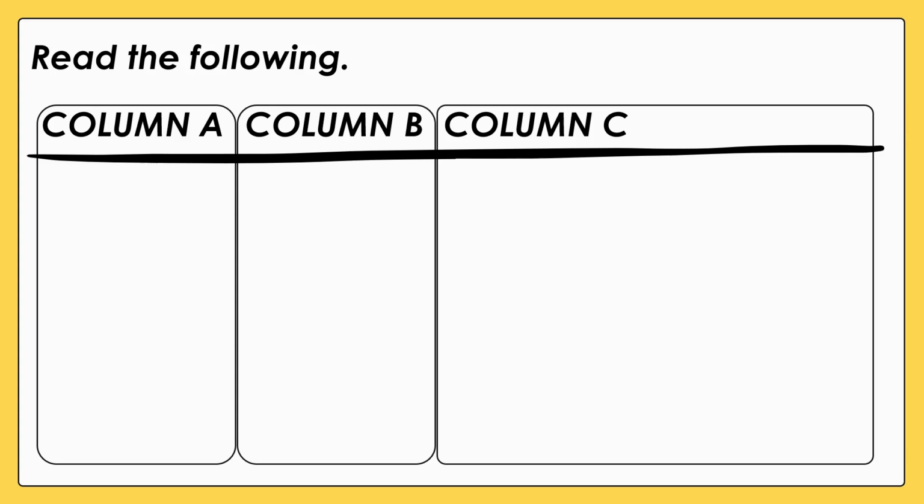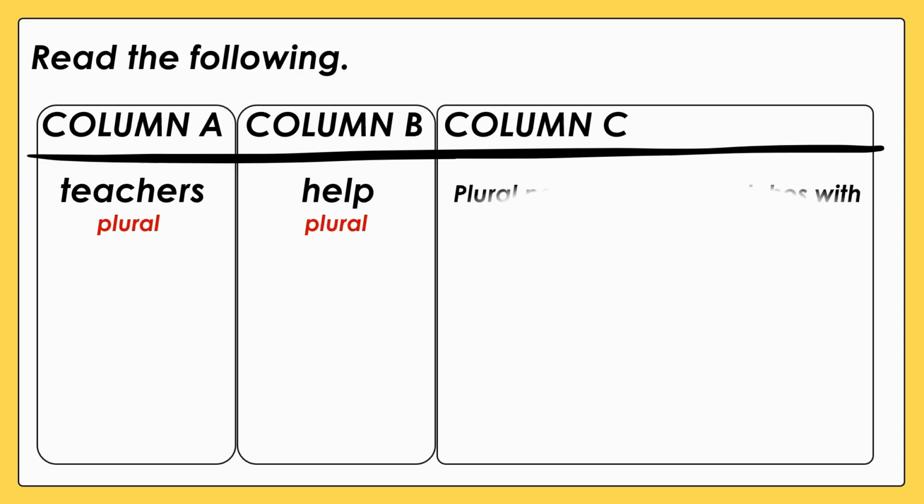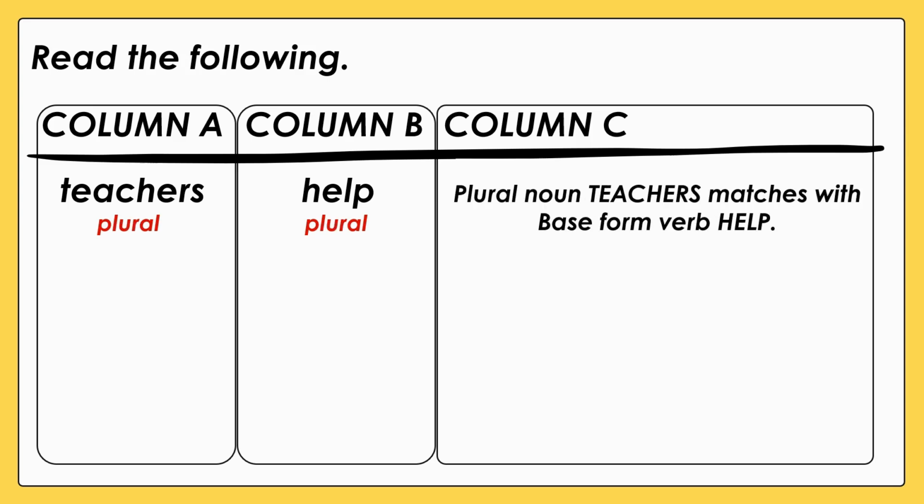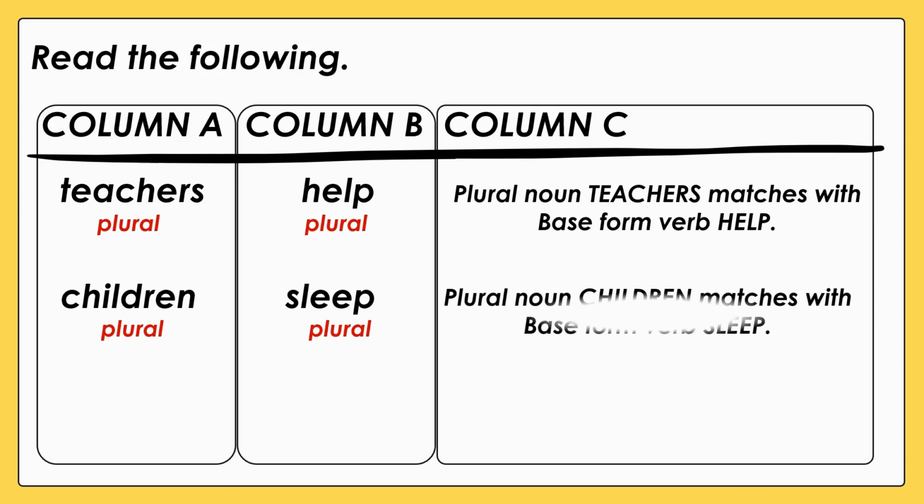Next example, teachers help. Teachers and help are in plural form, which means plural noun teachers matches with base form verb help. Next, children and sleep. Children and sleep are in plural form, which means plural noun children matches with base form verb sleep.